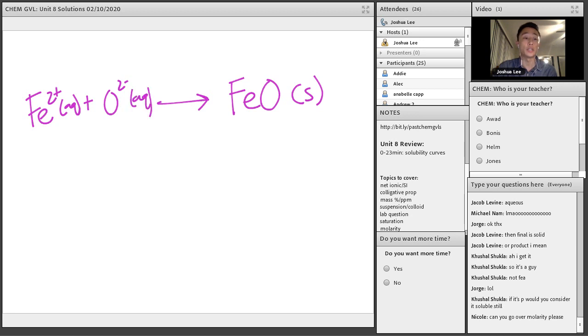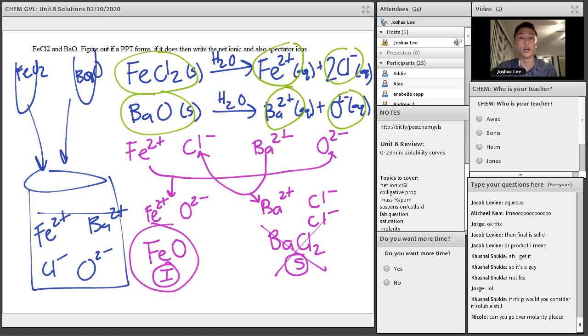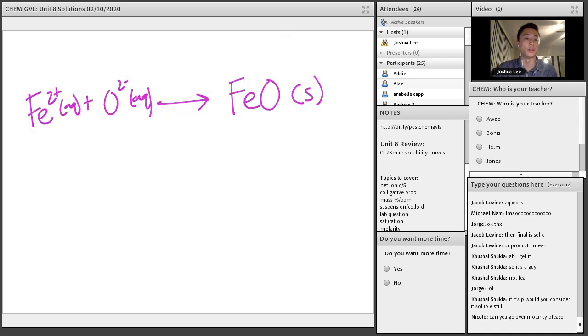And pretty much, your only options are going to be from your initial one. So we're going to be using this one and this one. That means the other two we didn't use at all. Those will be our spectator ions. In this case, it'll be barium 2 plus and Cl minus.